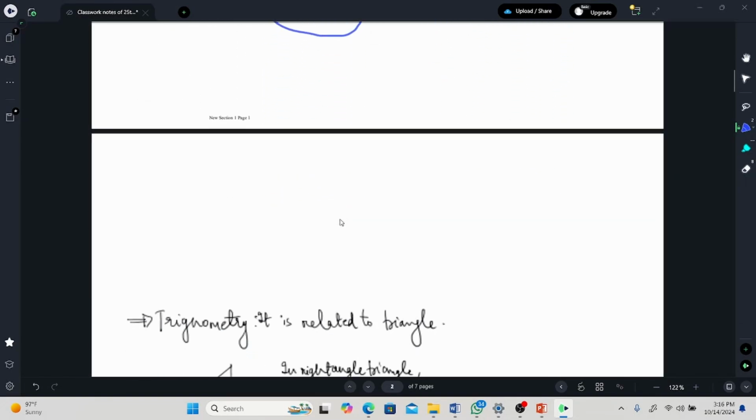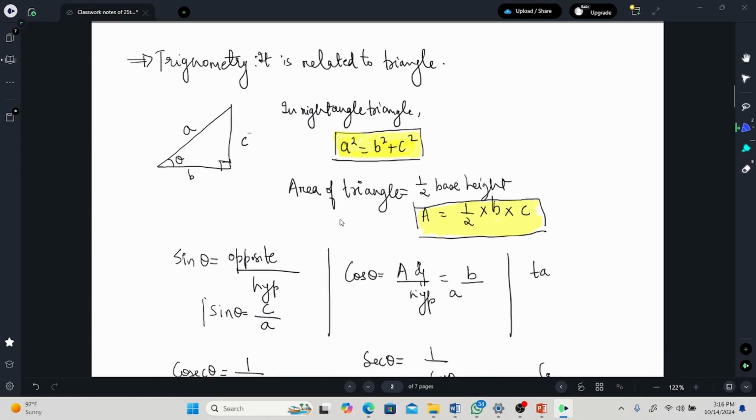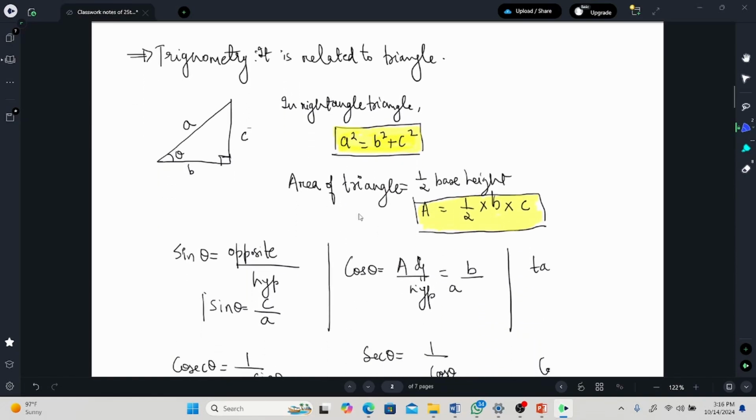And then we need to know a few trigonometric formulas. The first one is your basic right angle triangle law, Pythagoras, that is a square equals b square plus c square. Then you need to know the area of a triangle, that is half base into height, which we have just discussed above.